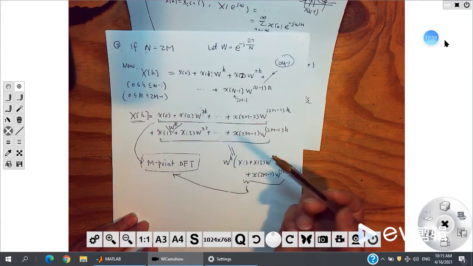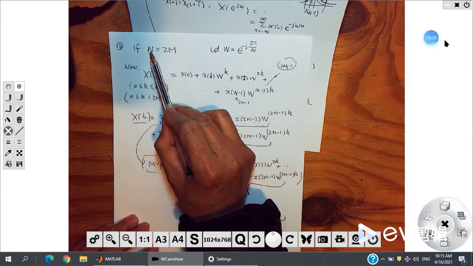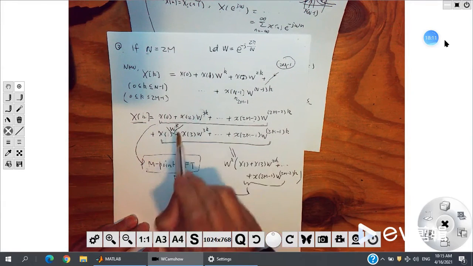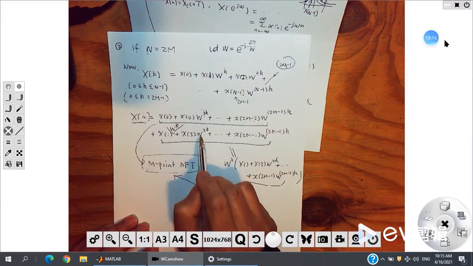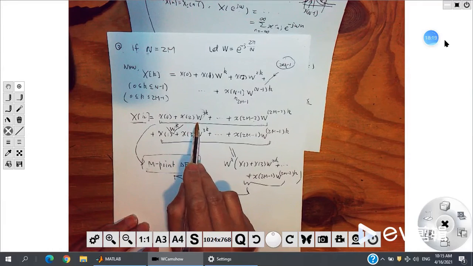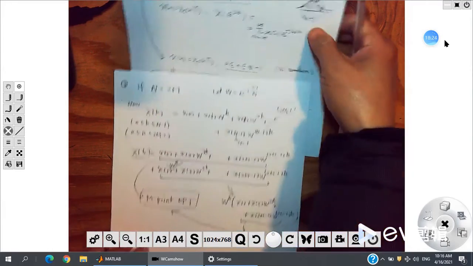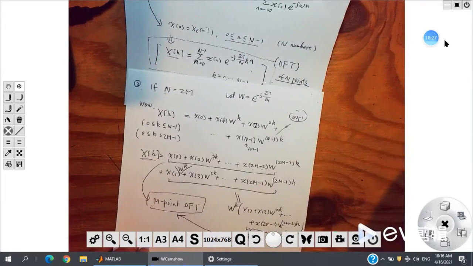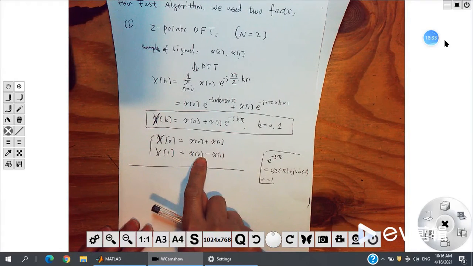So you can imagine, for example, you start from N is 1024, that's 2 to the 10th, right? Then you can write it as two parts, each only half of the length. Each is still a DFT, but half the points. And each part you can continuously halve until the length goes to 2 points. In 2 points, you just do plus and minus. So in this way, you can save a lot of time. You got it? Okay.